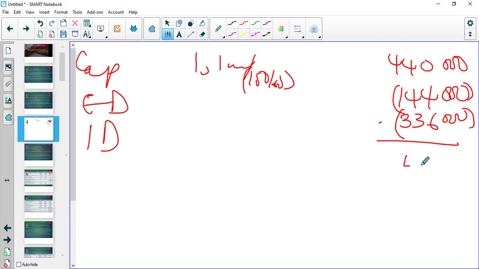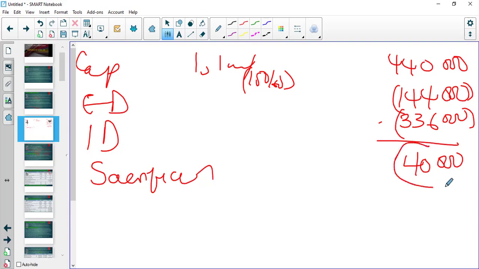Then I have 40,000 that I'm going to sacrifice. So these are the sacrificed units. In other words, we're going to withdraw 40,000 units from the external. We would have sold these to external customers, but because we prioritize the internal department, we're going to give them to the internal department. So we're going to lose out on the contribution for this.